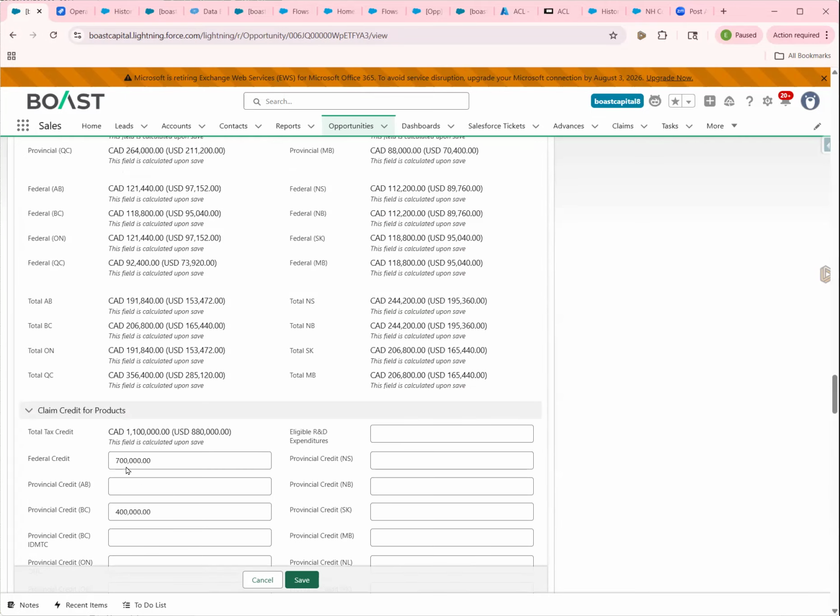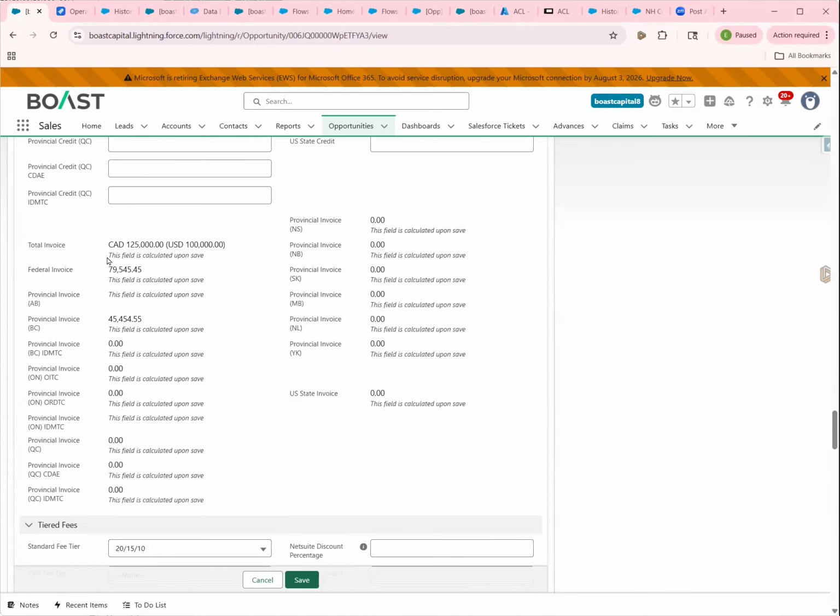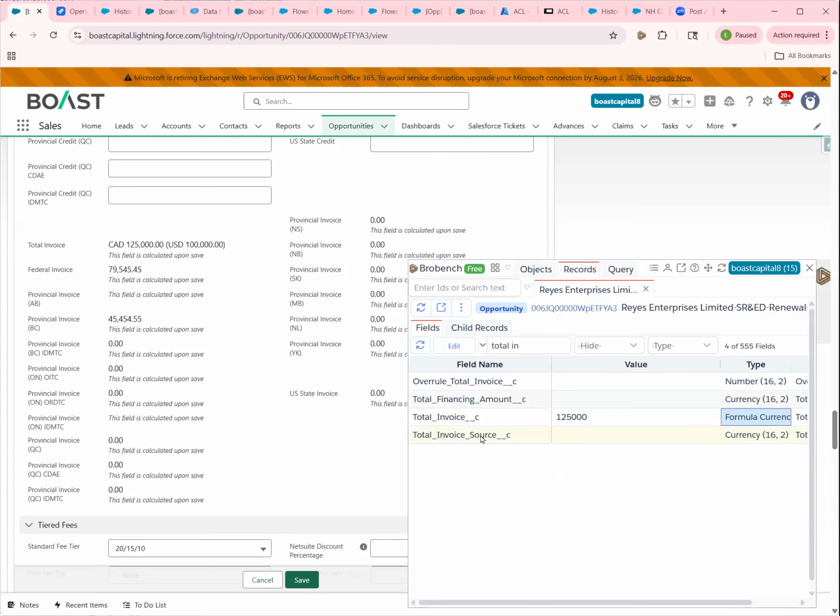So, coming back to the calculation of the total invoice, there is another gotcha that I just learned about today. There's this field, and I'll point out it's actually not on any of the page layouts, it's hidden.